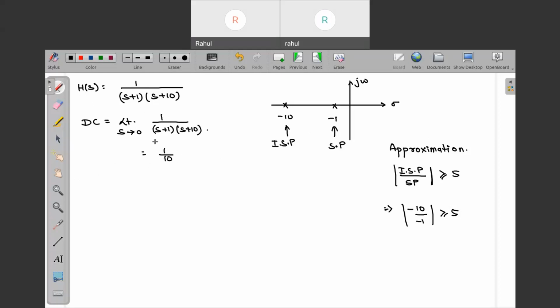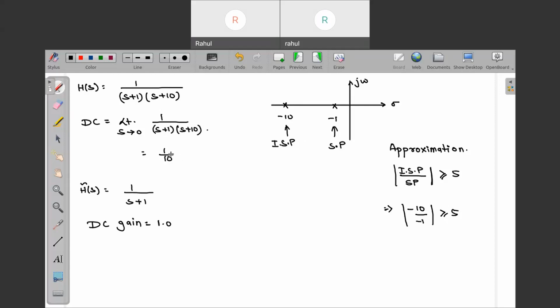Now we can remove this insignificant pole. Why? Because here it is second order and we want to do approximation, and the approximation of a second order system can be a first order system. So we will remove this pole. So H of s will become 1 by s plus 1, your approximated transfer function. Now the DC gain of this comes out to be 1.